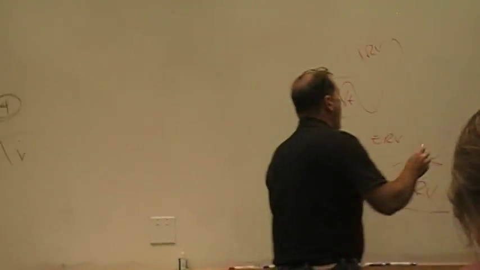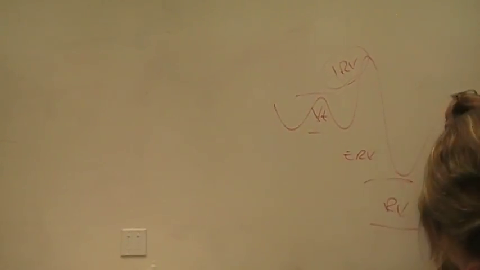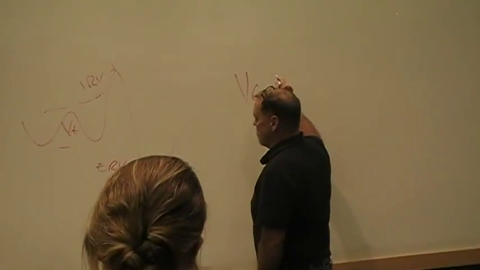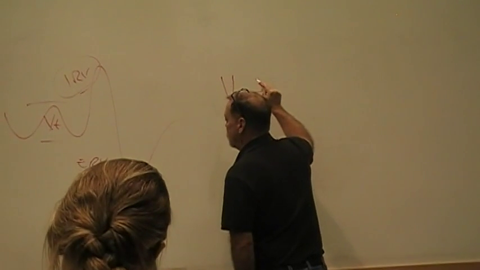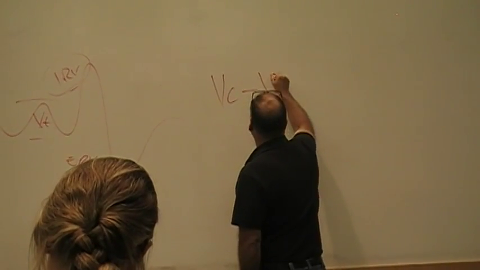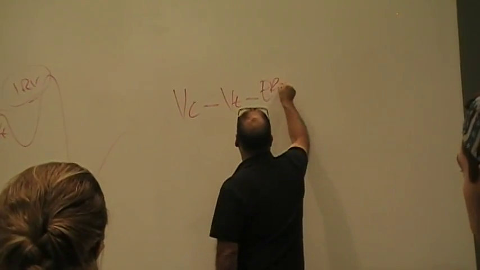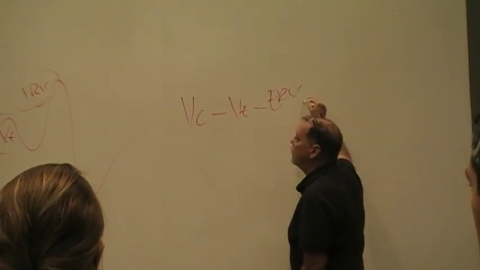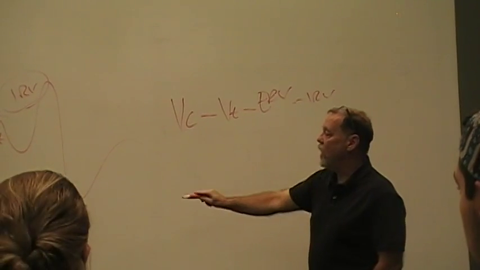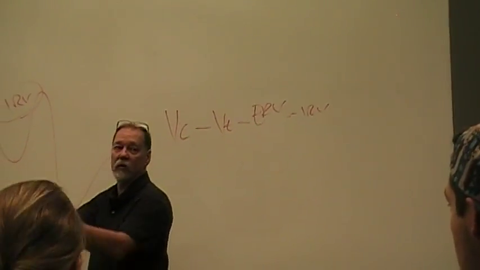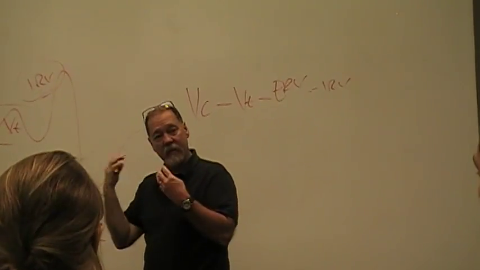How would you come up with that piece? You could take vital capacity minus VT minus ERV. That would give you IRV. So you've got to be able to come up with volumes and capacities that equal certain volumes, and we have to be able to think about them in that way.